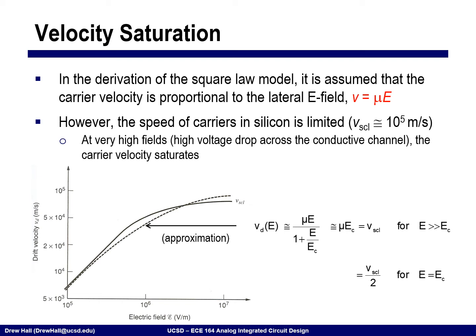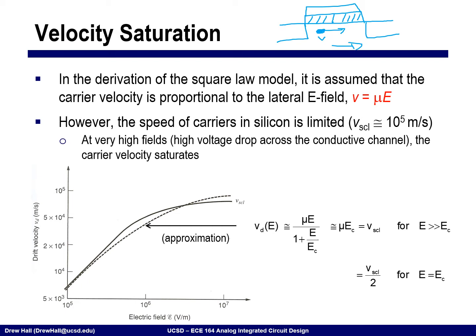So when we have a device and I have carriers in the channel, their velocity, v, is proportional to their mobility, as well as the electric field that is propelling them along this horizontal axis.